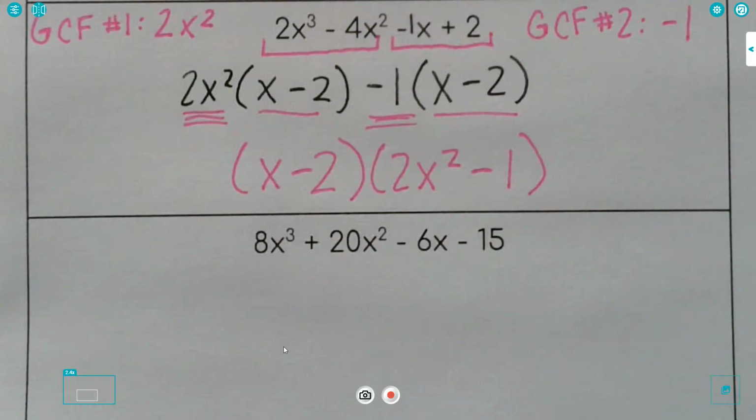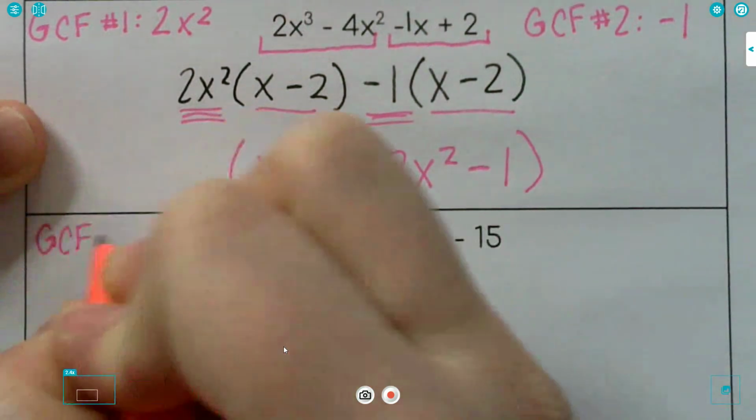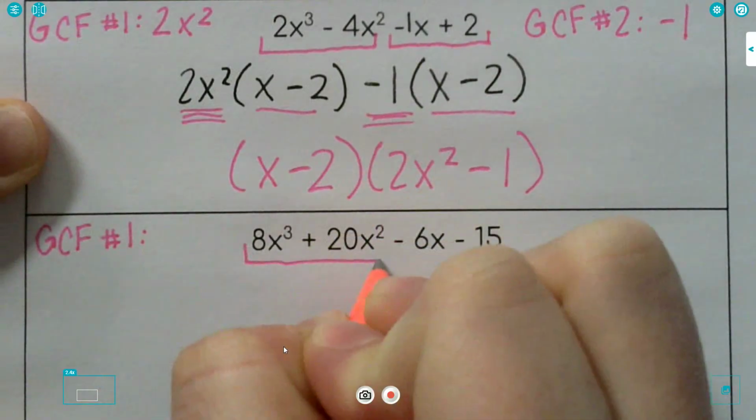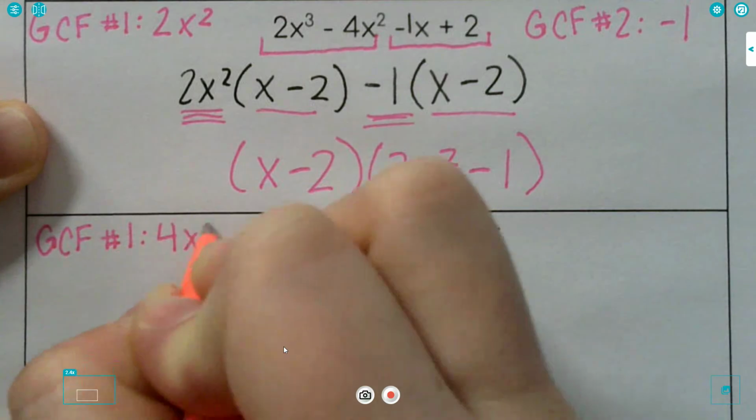Hey, I've got the last one. I've got 8x cubed plus 20x squared minus 6x minus 15. What can I divide 8 and 20 both by? Okay. So out of these two, I can divide out a 4. And then x cubed and x squared, I'm going to be able to pull out an x squared.